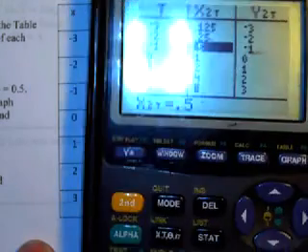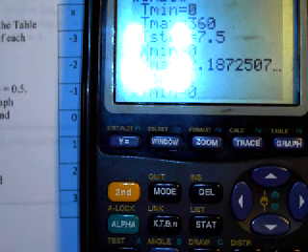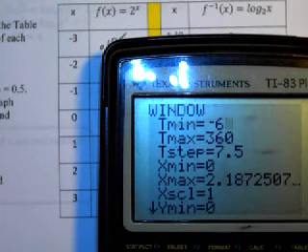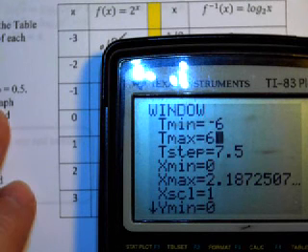Now it says to draw the graph, so we're going to go into window, and it says set minimum at -6, so we'll set the t minimum at -6. We'll set the t max at 6. We'll set the t-step at 0.5.